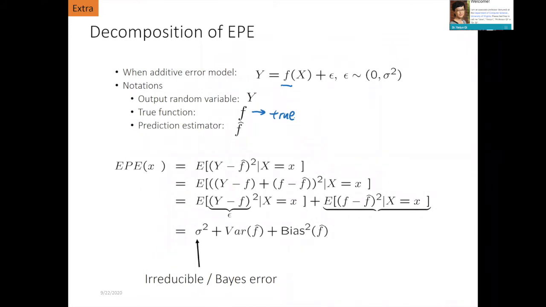That's just a sample of all the population x, y pairs. So that's just your current estimation. So for the estimate from a specific training data D, we normally put a hat on top. So this is my true f versus estimated f.